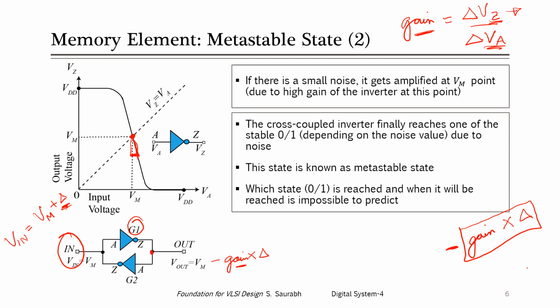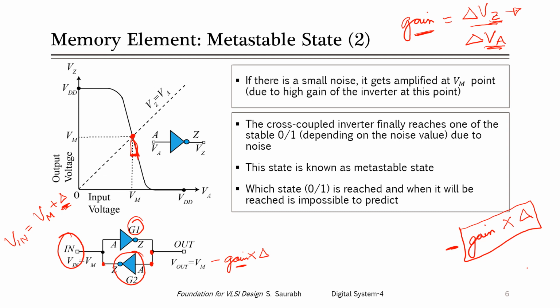And as a result, what will happen? If this is moving towards 0, this point will start moving towards 1. And by how much will it change? Again, the gain of the inverter will come into play. If we consider this G2, there is a large change in input at G2, and because of the gain of the inverter, G2 will produce a further higher voltage.